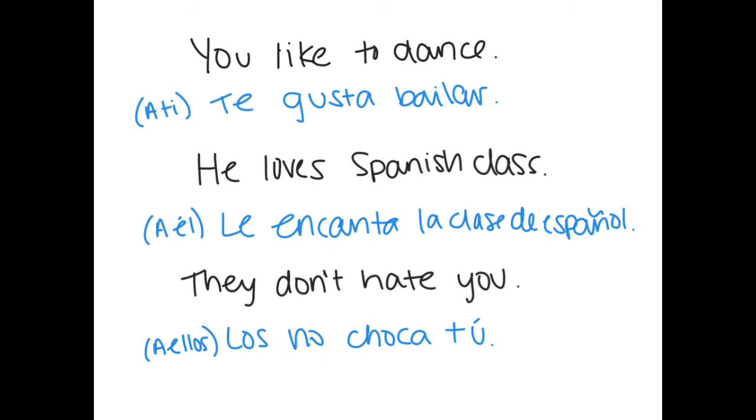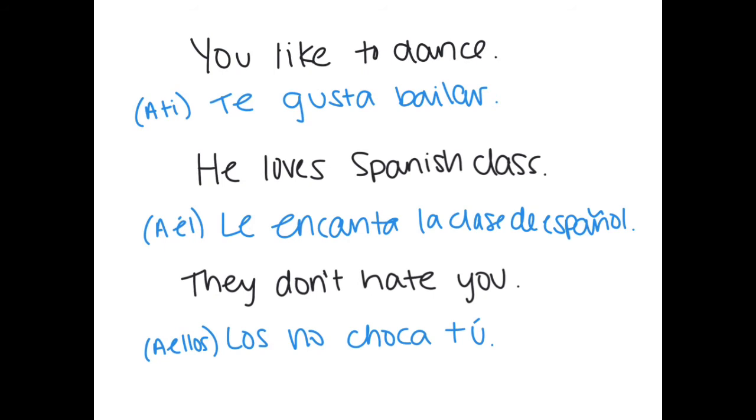For this first one here, I have "a ti te gusta bailar". So again, I have that "a ti" in parentheses because saying that is just like saying "te gusta bailar" by itself, because we don't really need to specify who you are or who the subject is. We just need to use that "te". So "a ti", while it's not wrong, is optional. And then "te" would be that object form of you.